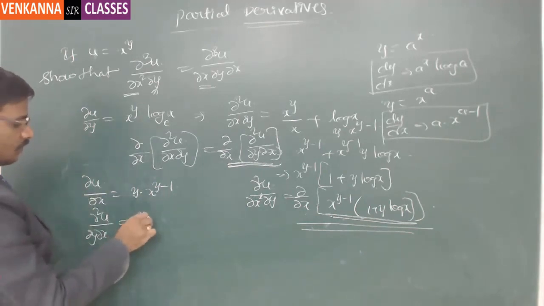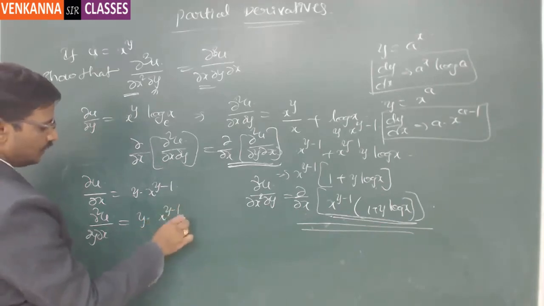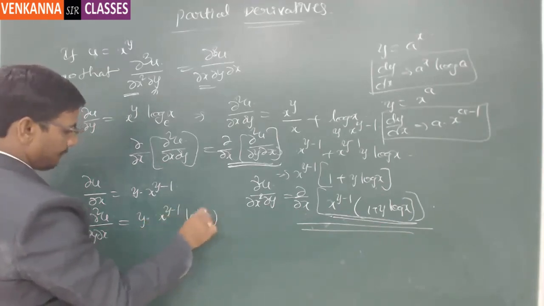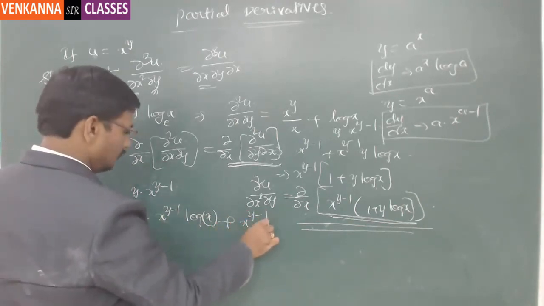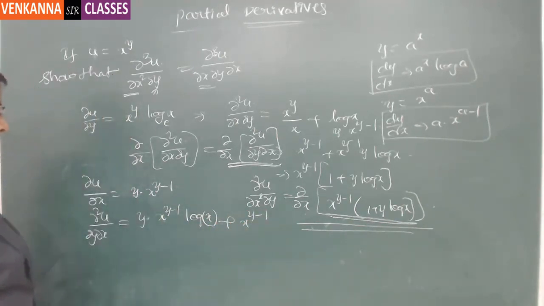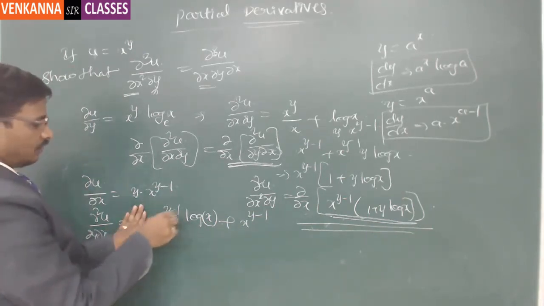So this is y into x power y minus 1 into log x plus x power y minus 1 into, so you are doing the derivative with respect to y, y and then x power y minus 1.